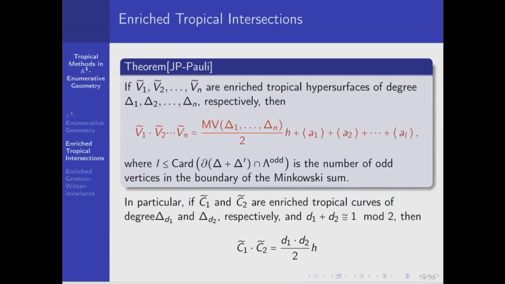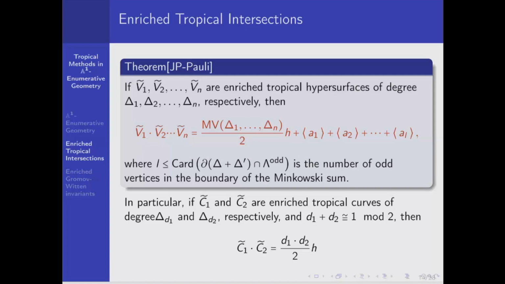Can I maybe quickly ask, when you write enriched tropical hypersurfaces, what do you mean with this enriched? Okay, so what we want to prove is for hypersurfaces of toric varieties. When we want to prove this, we use the tropicalization map. But the tropicalization map loses a lot of information. Usually you basically just keep the exponents, on a very large scale.